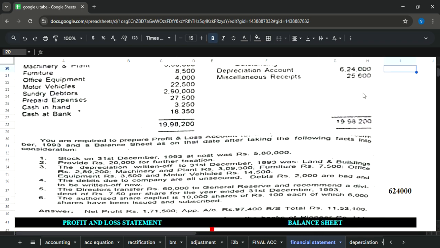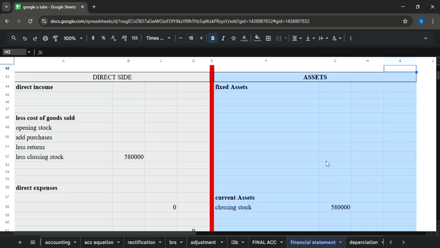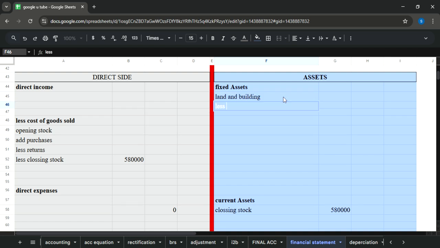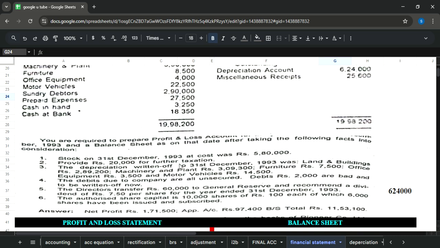So let's see, the first asset present in this adjustment is land and building. So let's write land and building over here, less its depreciation, the amount of which is 289,200.